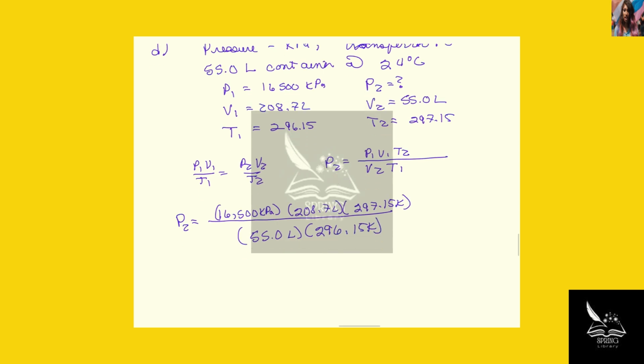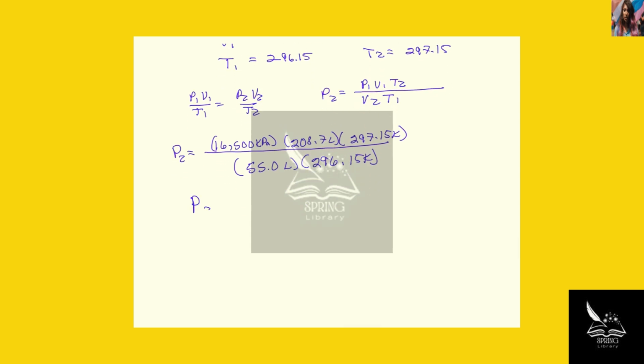Okay, let's see what I've got here. 16500 times 208.7 times 297.15 divided by 55 divided by 296.15. And I get 62,821 kPa.